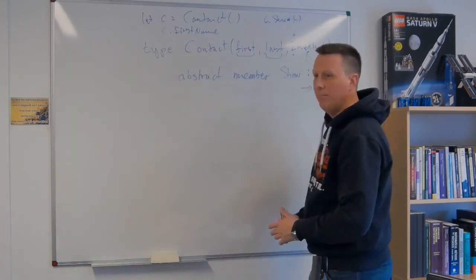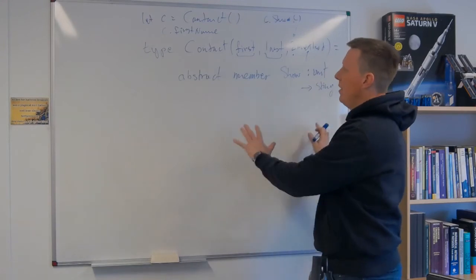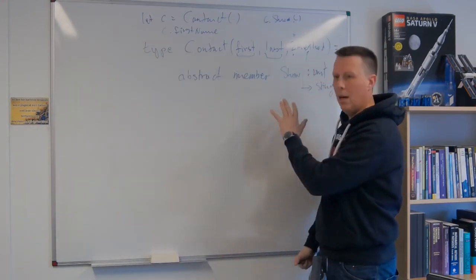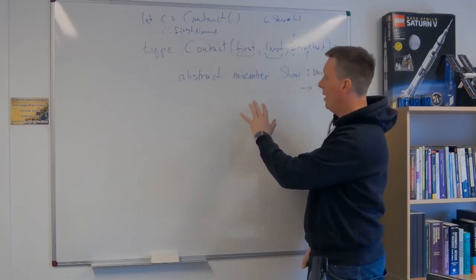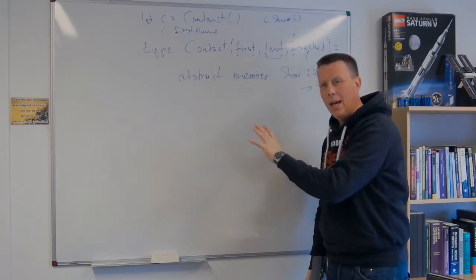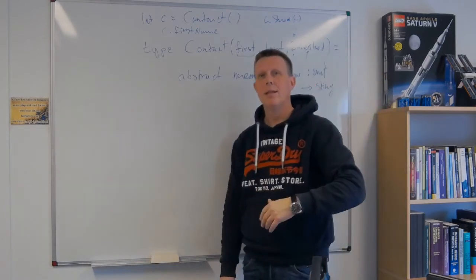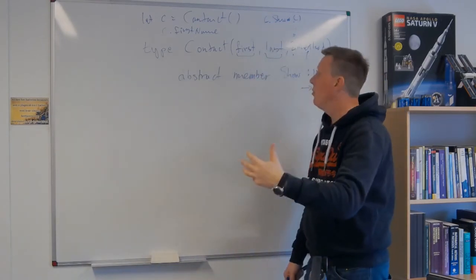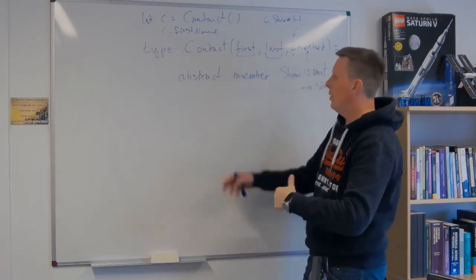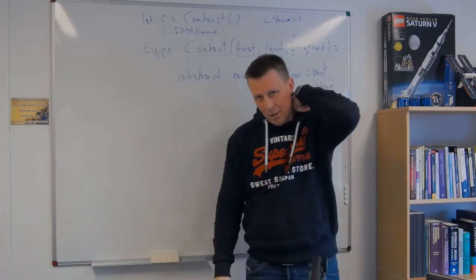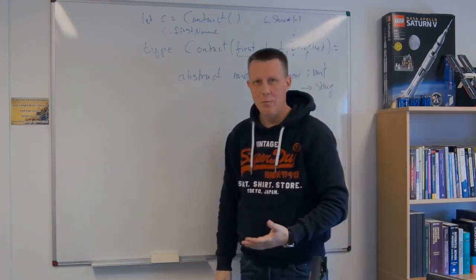So if I would leave this like this, then this would be an abstract class. If I have an abstract unimplemented method in my class, then it's an abstract class, and you can't create an object from it. Then you need to inherit from it, which I will show you in a second. Once you've inherited from it, you can implement this member, and then you can create an object from it.